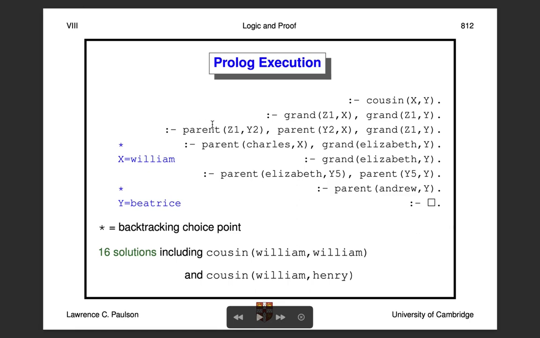So now we go through our list of clauses to find something that unifies with parent z1 and y2. They are both variables, and so any of the parent facts will solve this goal. So in particular then, Z1 can be Elizabeth and Y2 can be Charles.